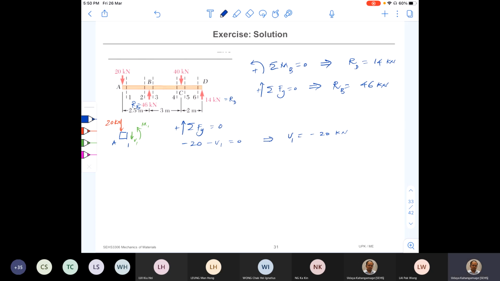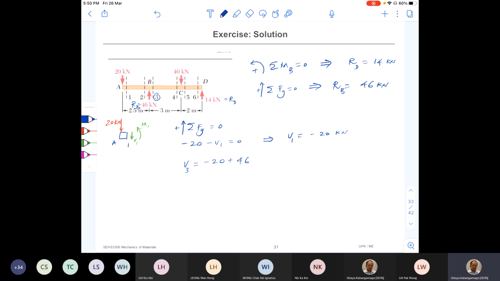Okay, so now the shear force from A to B is constant. It is negative V1, that is negative 20 kilonewton. How about at point 3? What is the shear force? Can you now directly write that one? V3 should be equal to negative 20 plus 46.